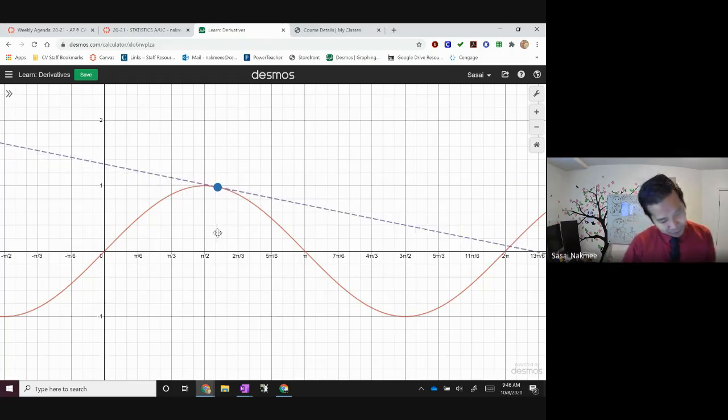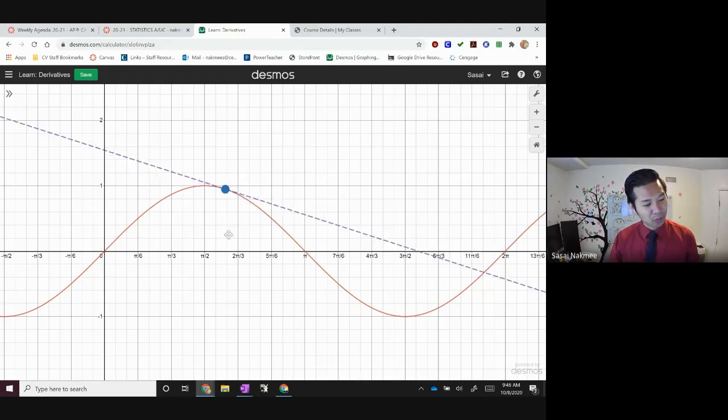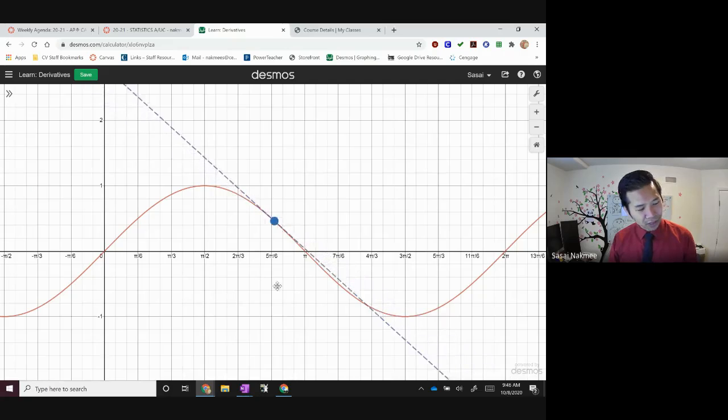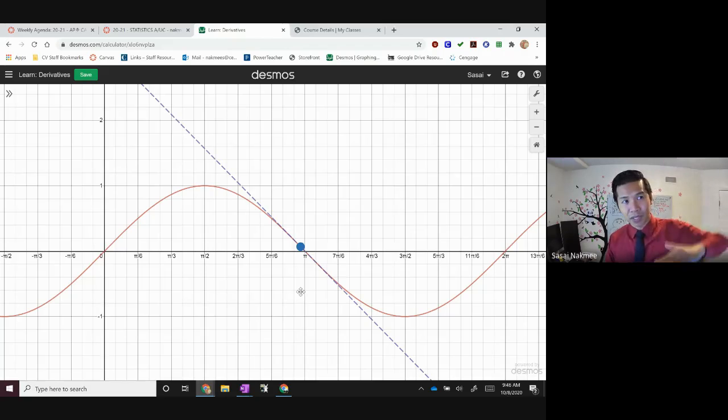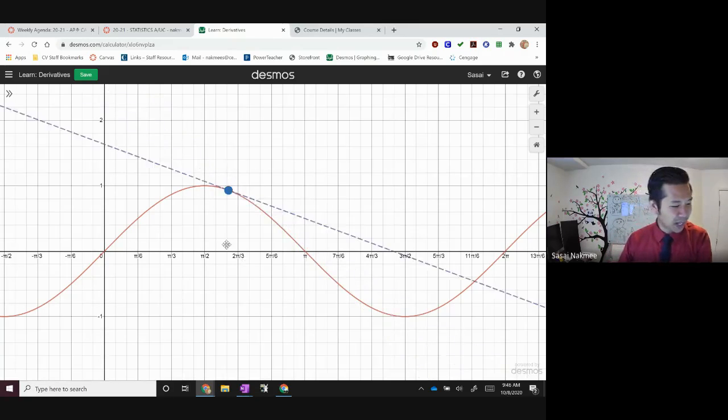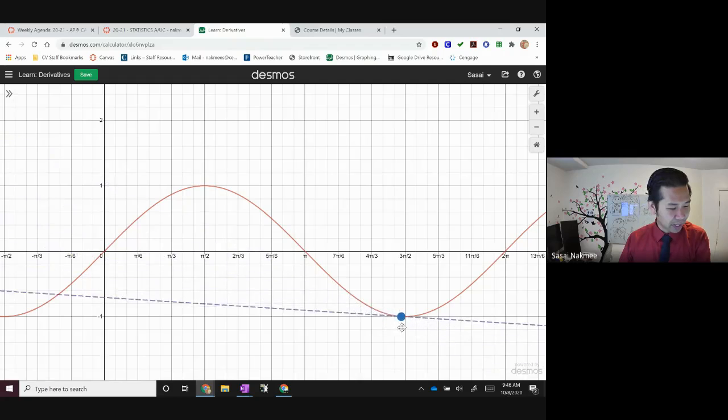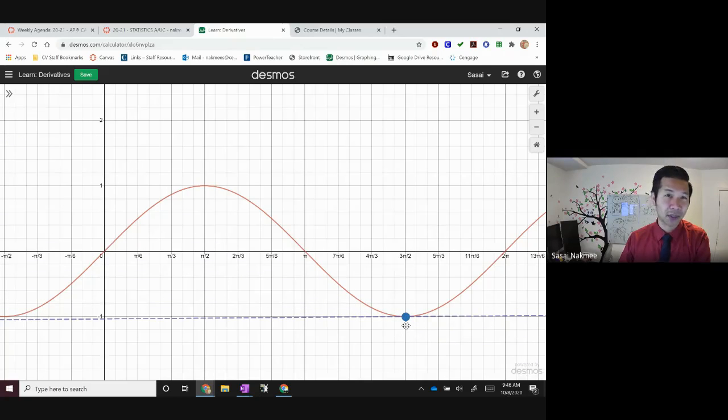And then what happens? It has a slope that is negative because you can see that right there. It's decreasing now, and since it's decreasing, my slope is going down. The change in the y value is going down and to the right. So it should be negative from here to here, all the way until this point right here where it reaches back to 0.